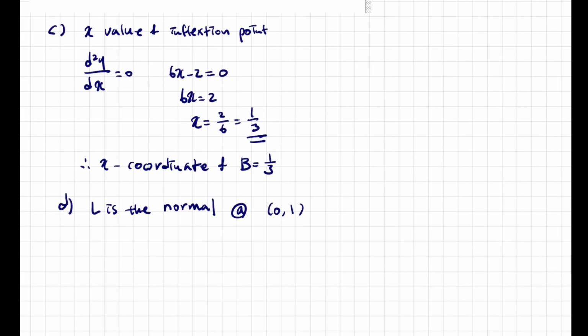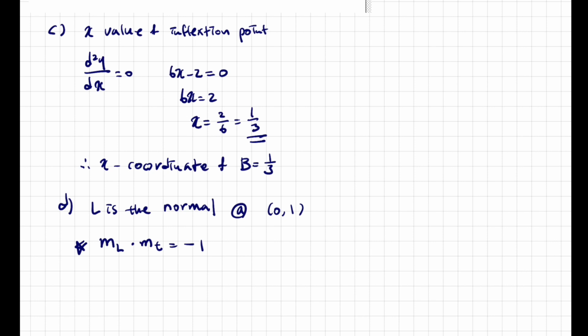Then in order to calculate this normal line equation, we first have to calculate the slope of this normal line, okay? And we also know that the slope of the normal line is the negative reciprocal of the slope of the tangent line, right? So that means we can use the formula ml times mt equals -1, okay?